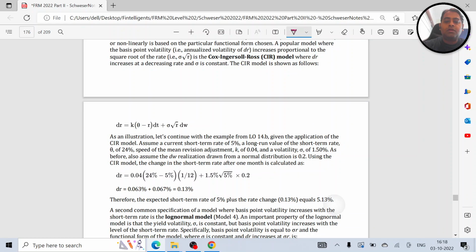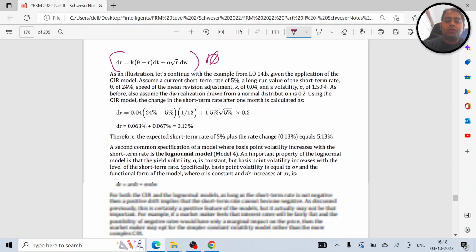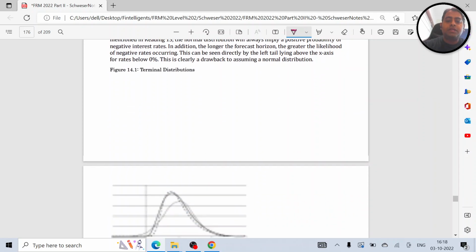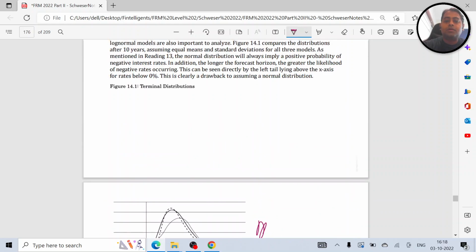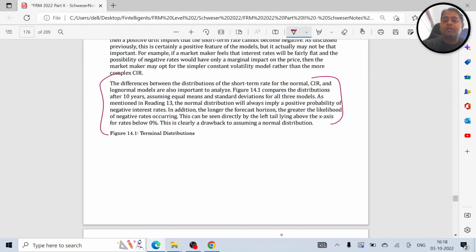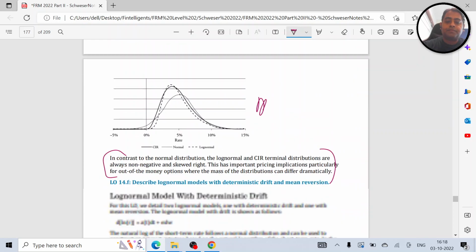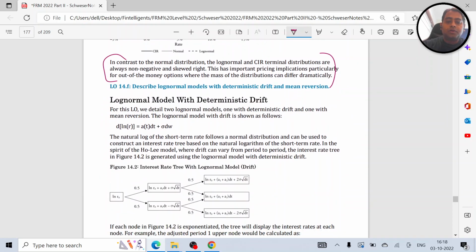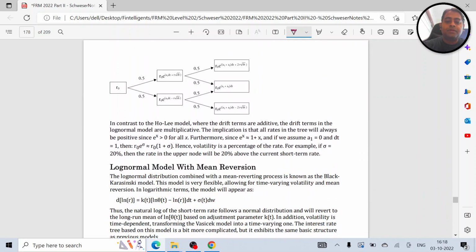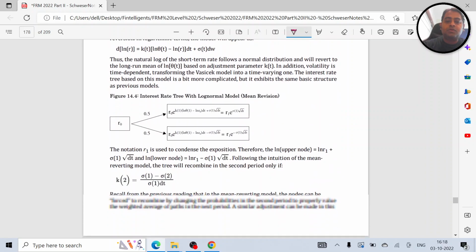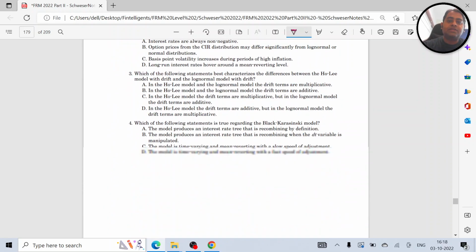CIR and this lognormal, okay, they are important. This diagram is important, and this part is also important. Lognormal drift, the calculation is important. That can get tested in the exam. Rest all is okay. This chapter is not heavily tested as such in the exam.